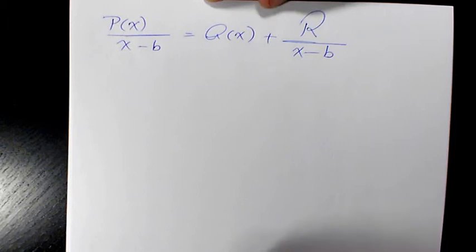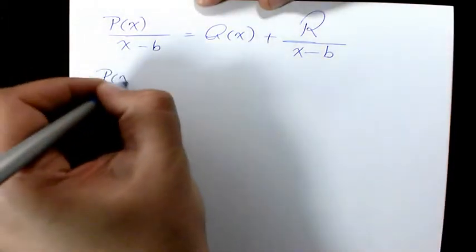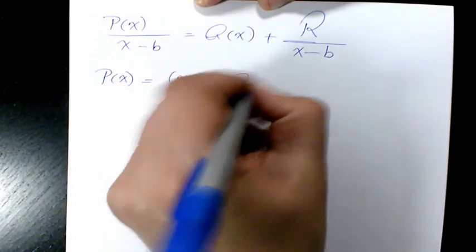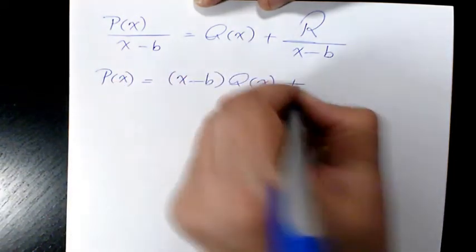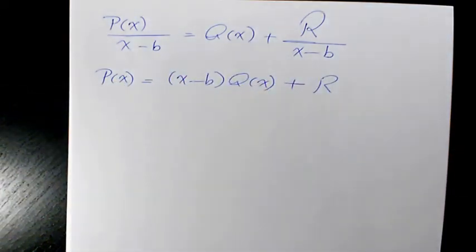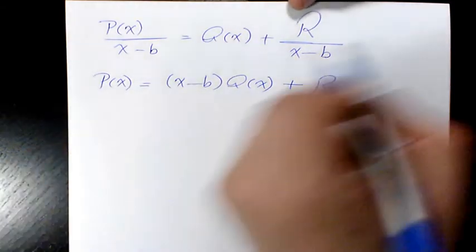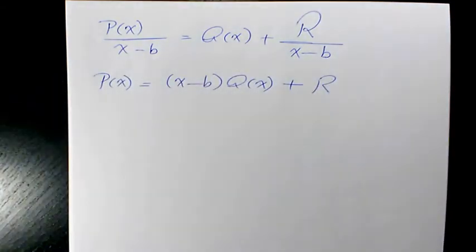And the corresponding statement is going to be p(x) equals (x minus b) times q(x) plus r. That's called the remainder theorem. This is the corresponding statement, and this is the division of polynomials.